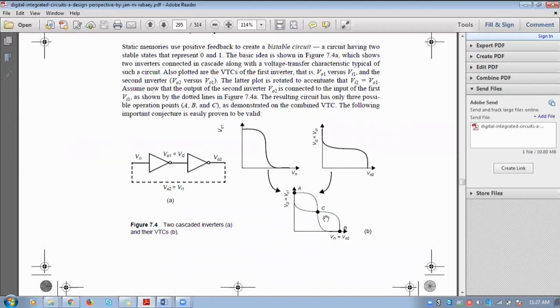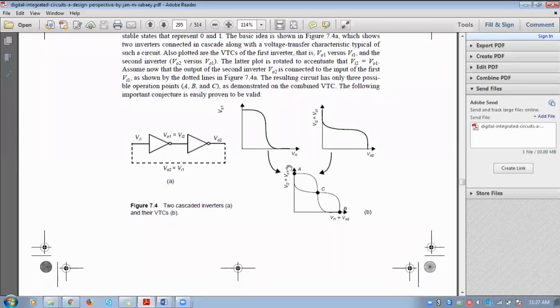According to the structure, we have three operating points A, B, and C, out of which C is known as metastable. Why it is called metastable: when we fix an operating point at C, due to some external noise there is a deviation in the potential value at point C, and there is a tendency that this operating point may move on to A or B, depending on the amount of noise affecting the system.